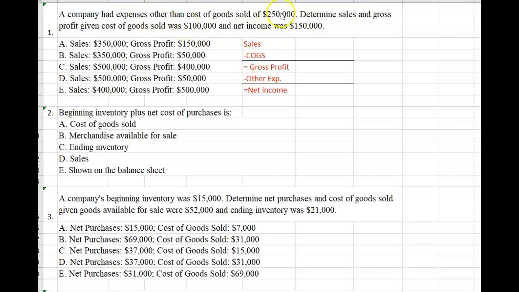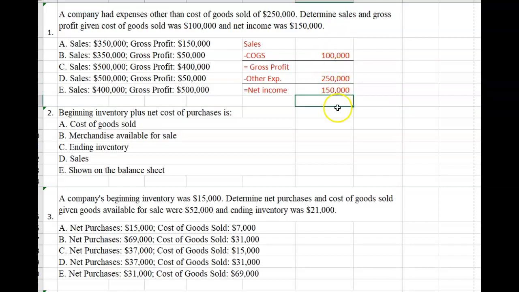They tell you that other expenses are $250,000. They also tell you that cost of goods sold was $100,000 and that net income was $150,000.